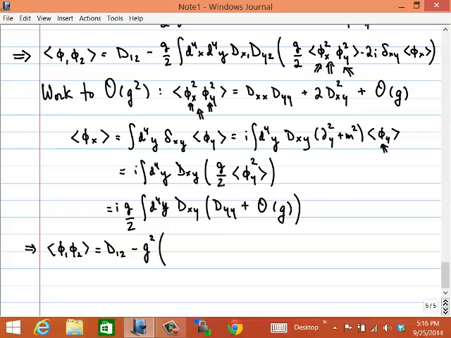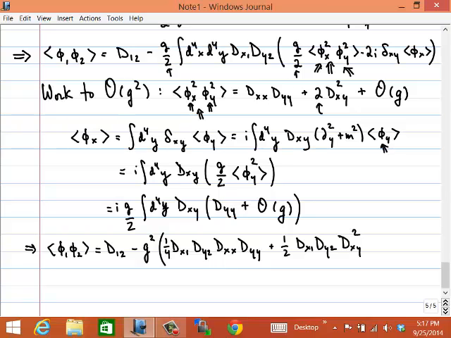We have a dx1, dy2 out front, and then you get a dxx term and a dyy term with a coefficient of 1/4 from that half and that half. And then you get a second term, which is 1/2 because of this factor of 2, dx1, dy2 times dxy squared.